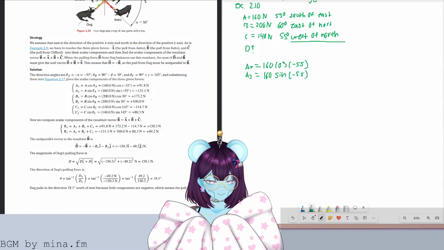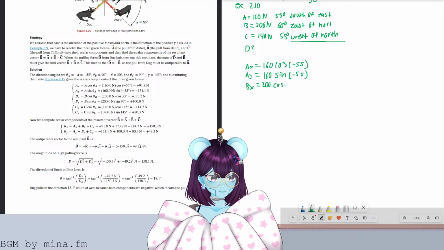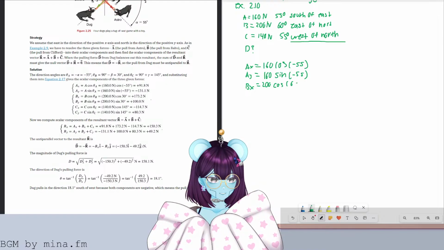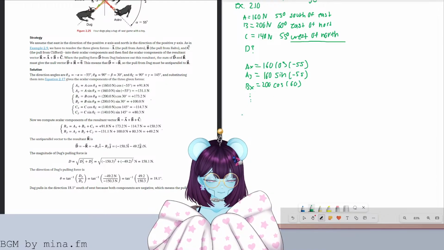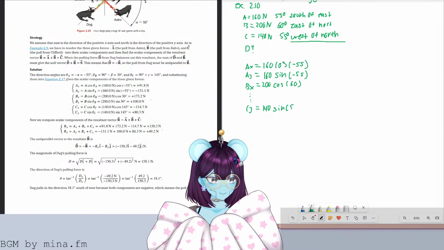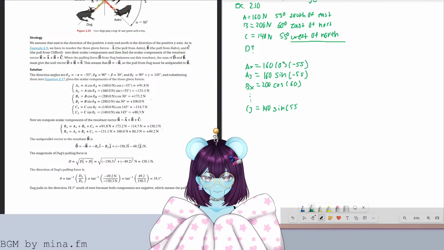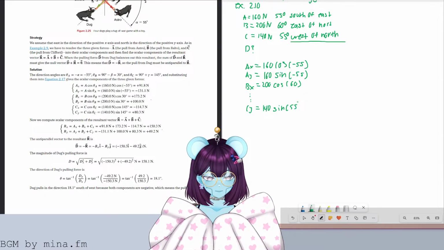So you do the same thing, and we get B x, 200 cosine 60, a bunch of other stuff, and then we'll end with C y, 140 sine of 55 west of north.